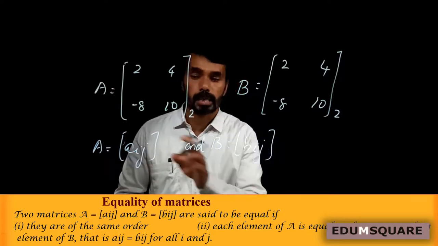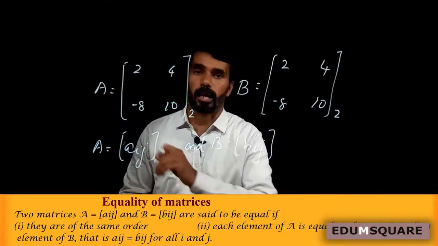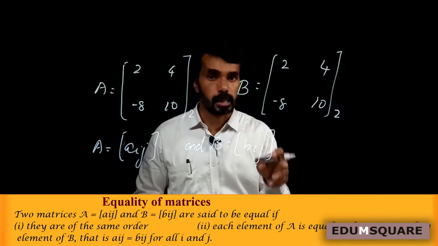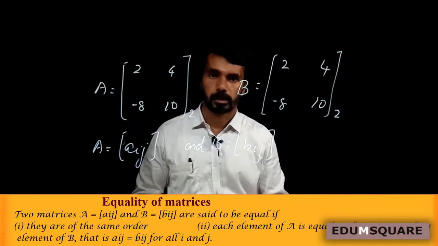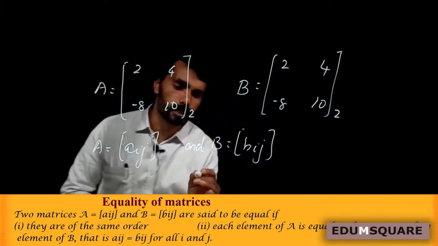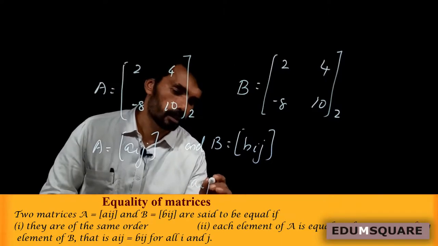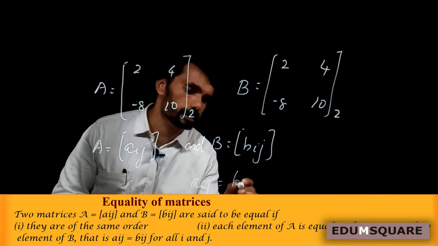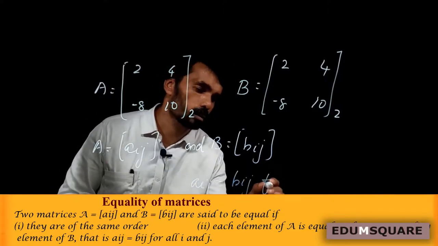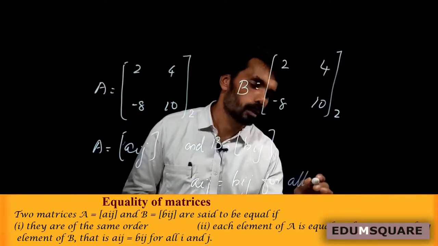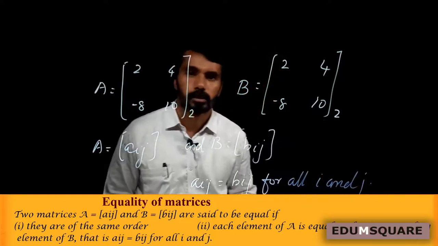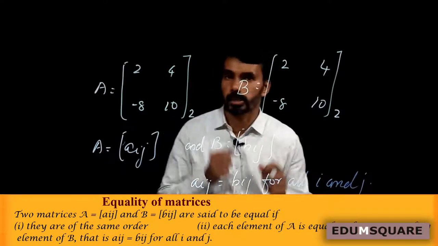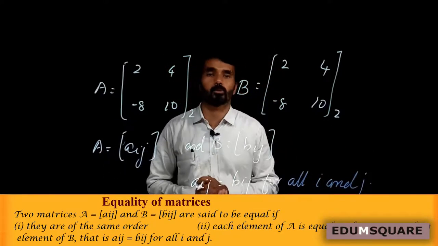Second, each element of A is equal to the corresponding element of B, that is, Aij is equal to Bij for all i and j. So these are the two conditions for the equality of two matrices.